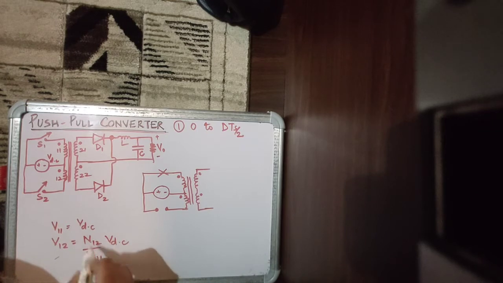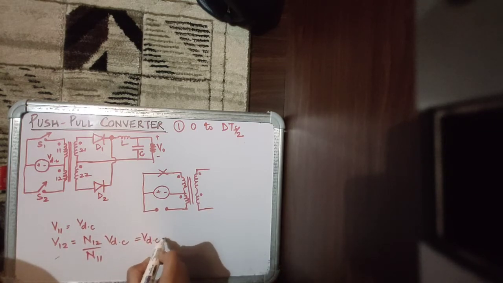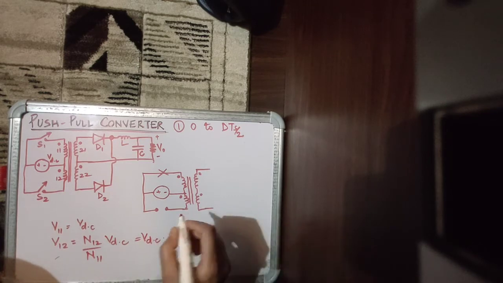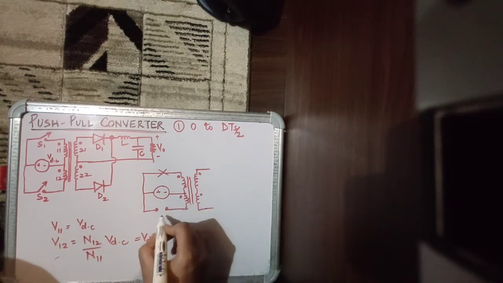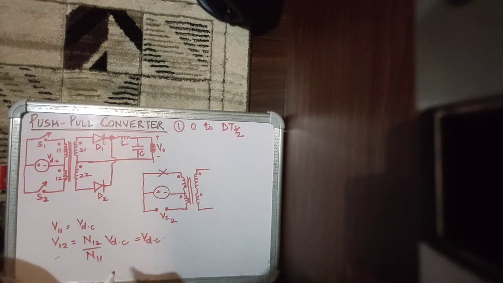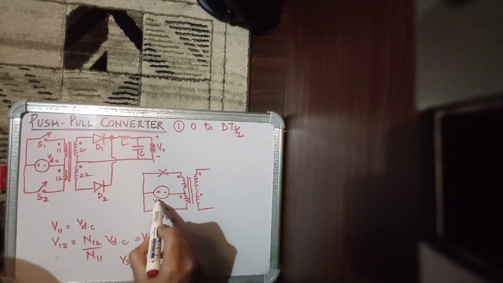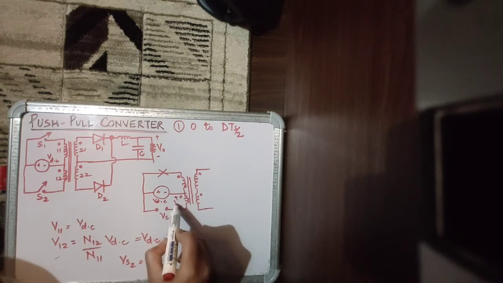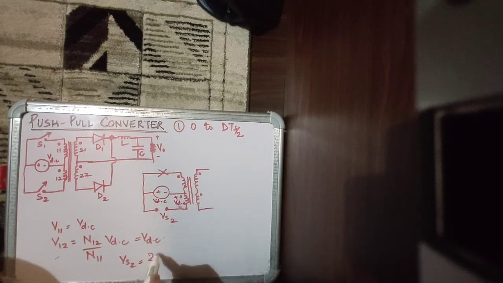Assuming that they are both equal to say N1, this becomes equal to VDC again. So the voltage induced in this winding is VDC again. Now the switch that is not conducting, the voltage across that switch is this voltage VDC plus the induced voltage over here VDC. So the voltage across the switch is 2 times VDC.